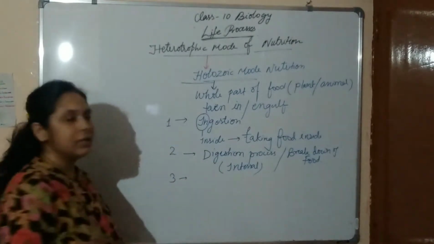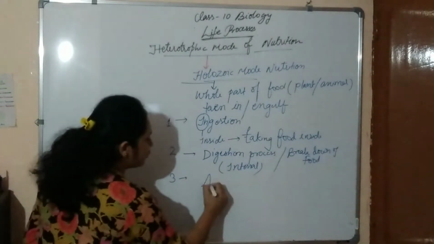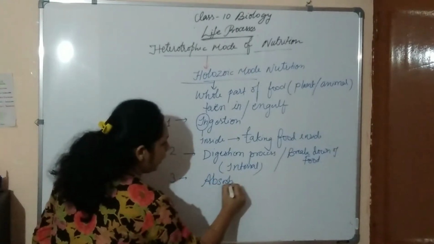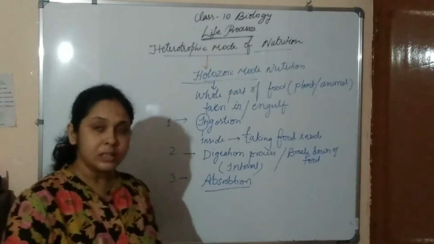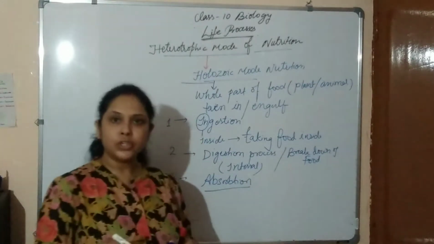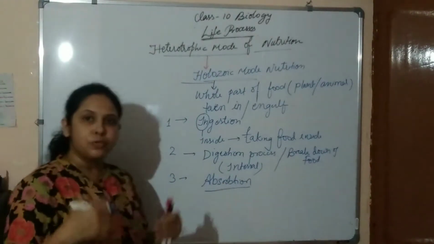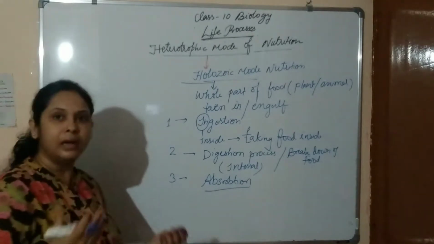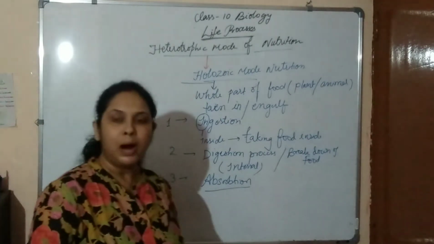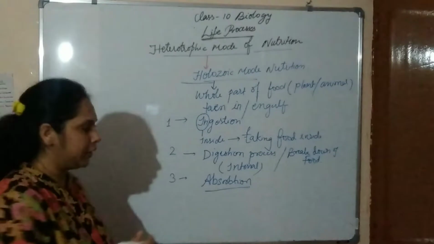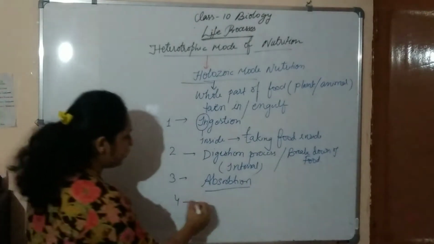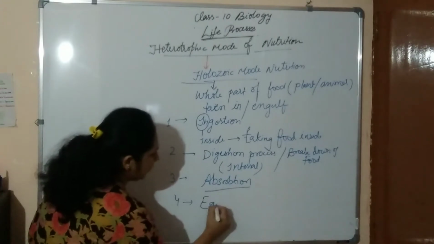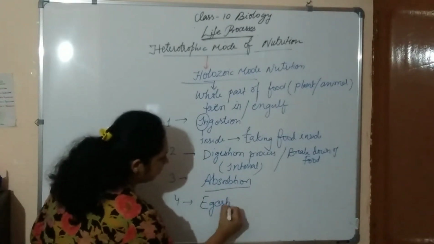Now the third one is absorption. Whatever nutrients we get after the digestion of the food will be absorbed by the body and given to the different parts and different cells of the body. And the fourth and last step is egestion.